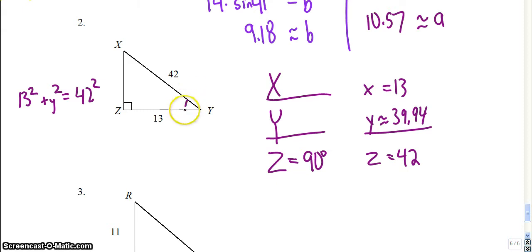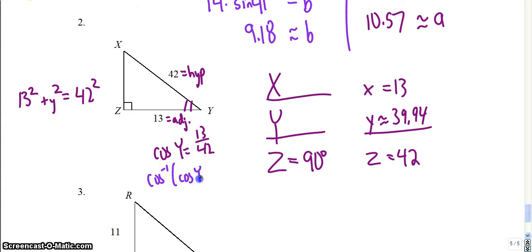Next, we're going to find an angle. From angle y, 13 is the adjacent, 42 is the hypotenuse. The trig function that uses a and h is cosine, so we would say that the cosine of angle y is our adjacent divided by the hypotenuse. To get angle y by itself, we take the cosine inverse of both sides.